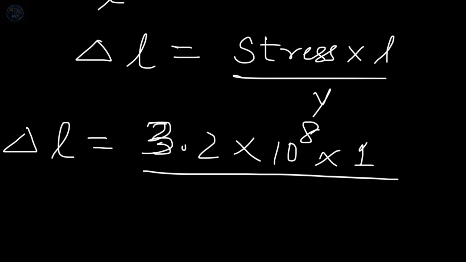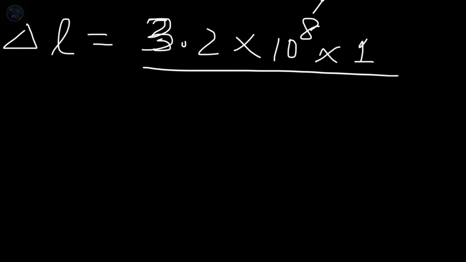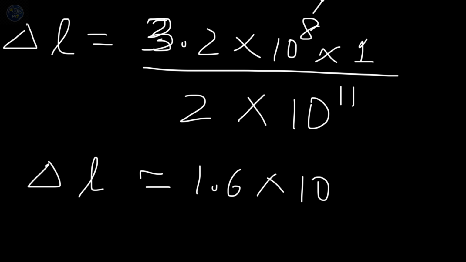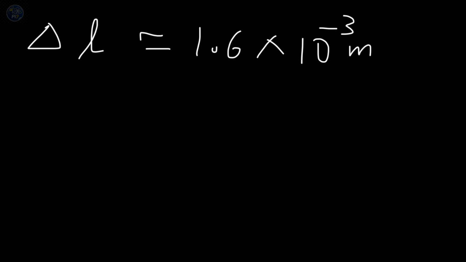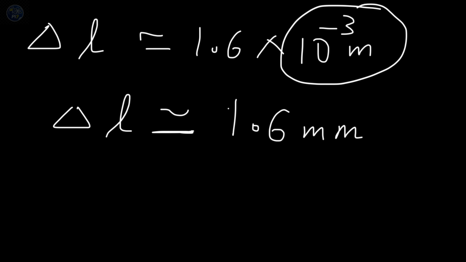And what was the Young's modulus? The Young's modulus was 2 multiplied by 10 raised to 11. When we solve this, we'll get something around 1.6 into 10 raised to power minus 3 meter. 10 raised to power minus 3 meter is mm, so delta L is somewhere around 1.6 mm.